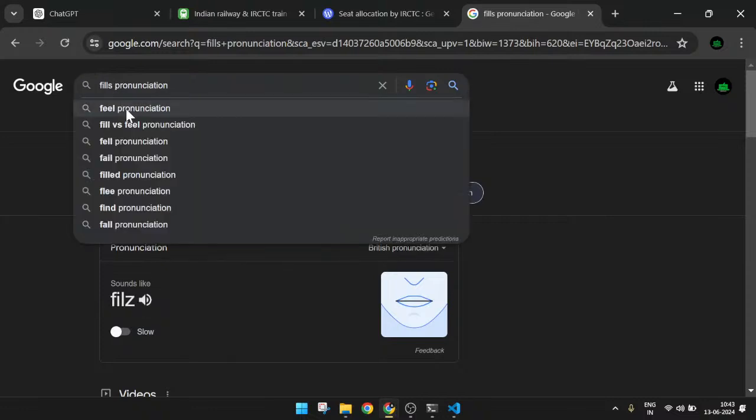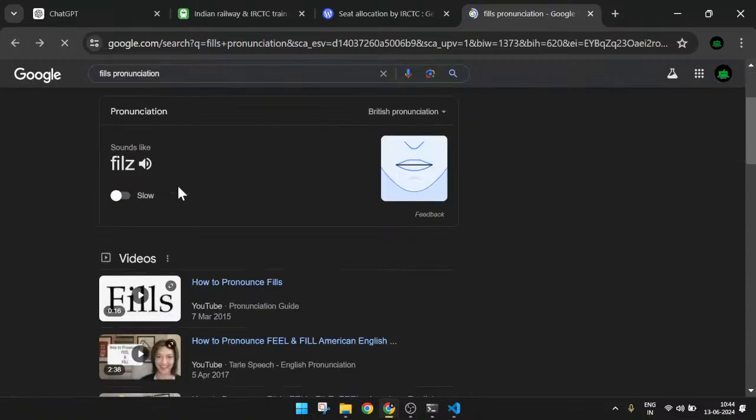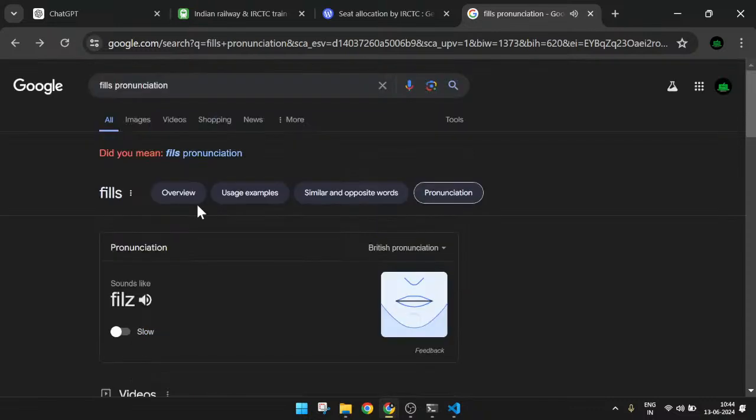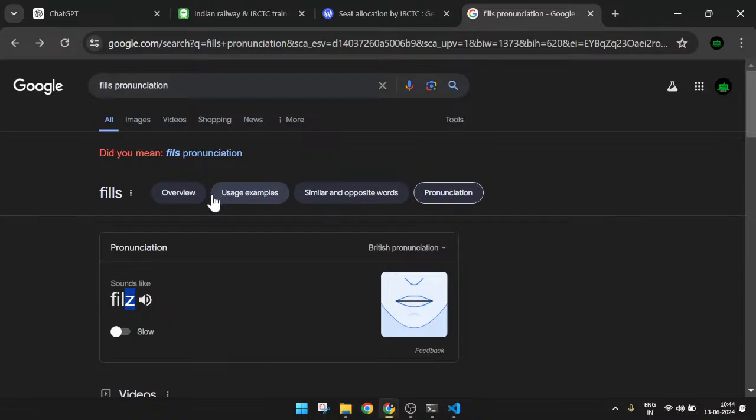Fills. The spelling is S, but I have to pronounce it as Z. The seats fill faster.